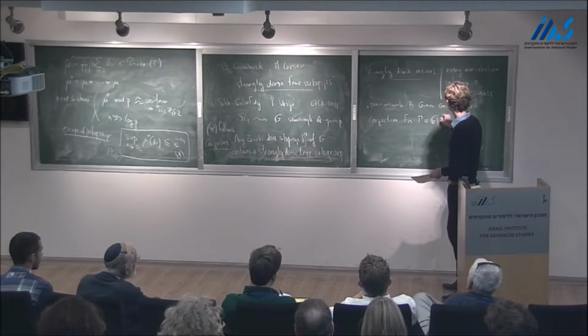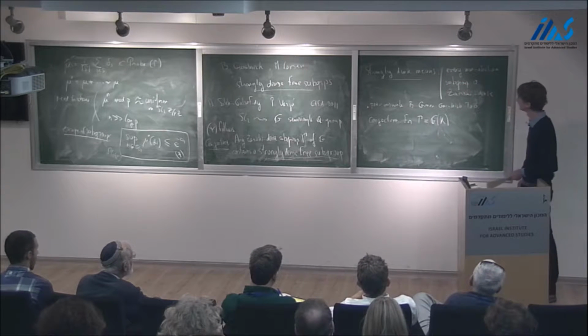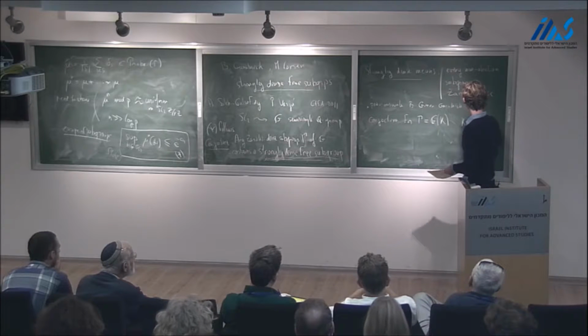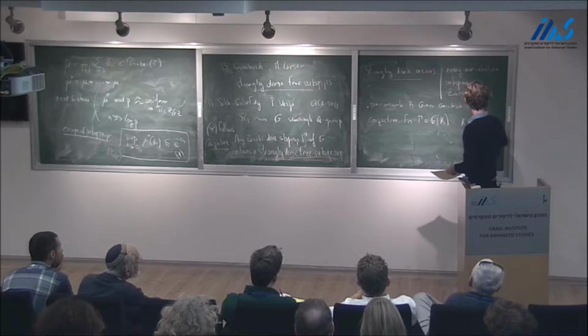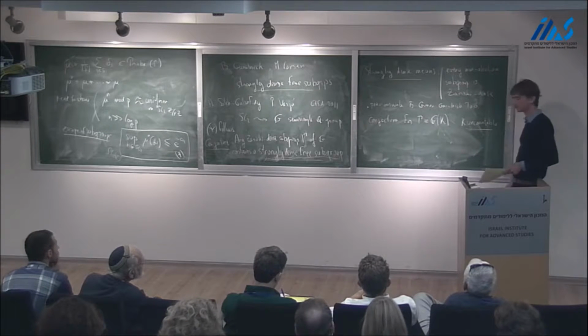So it's the entire group of rational points over a field K, which is even a very large field, an uncountable field.